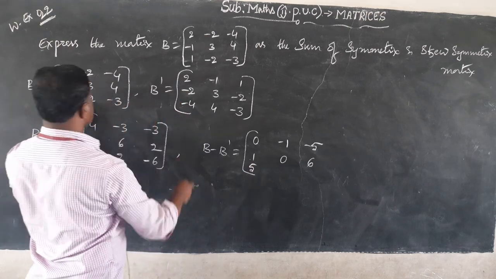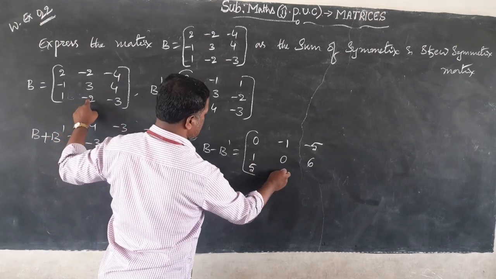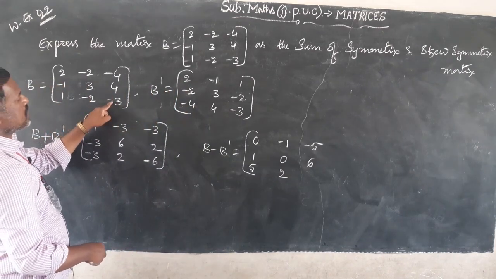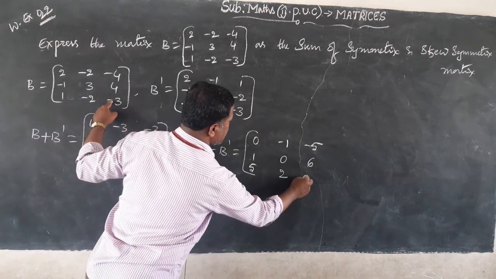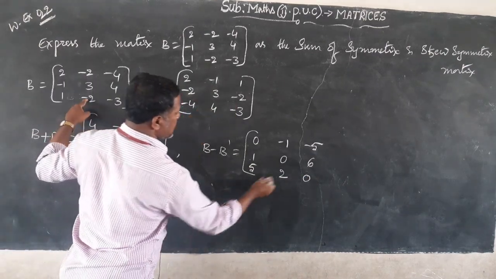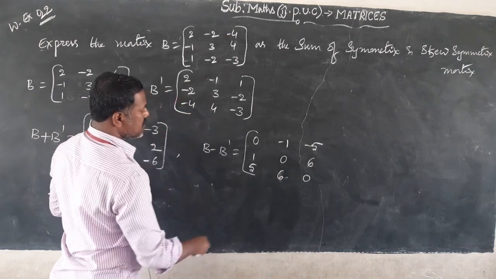Minus 2 plus 2, that is plus 2. Understand children? Minus 3 minus into minus plus 3, that is 0. Minus 2 minus 4, that is 6. Okay. See children?